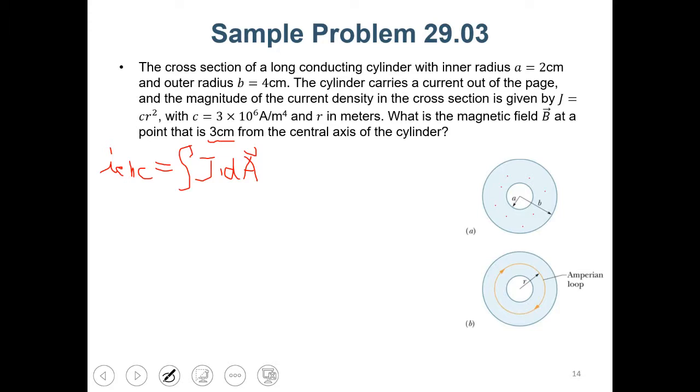So J is flowing out of the page, and this Ampere loop is defined to be clockwise. So the positive direction of this loop should be into the page, and into the page means positive current.